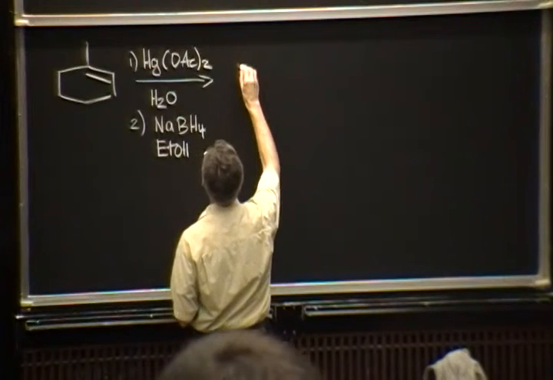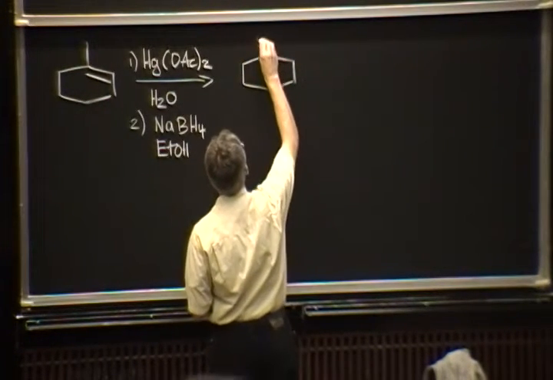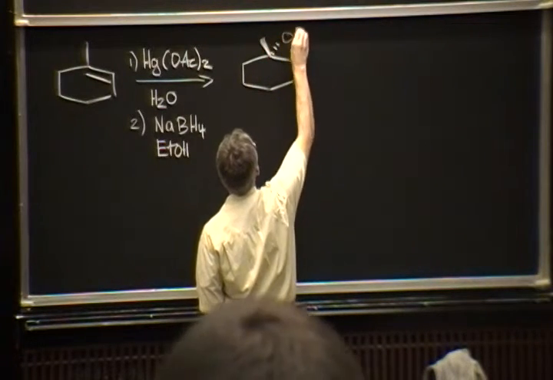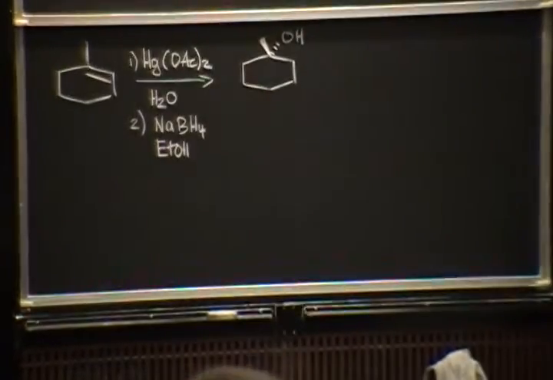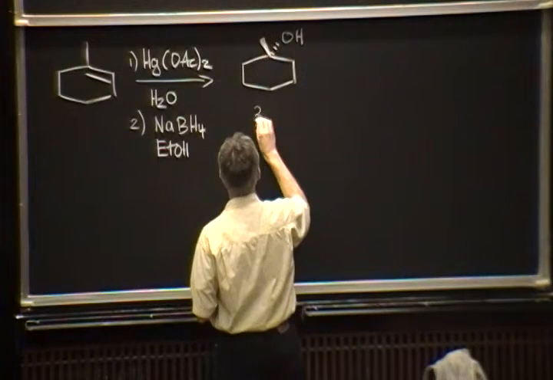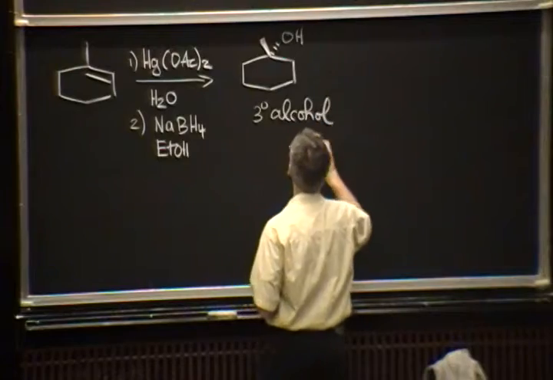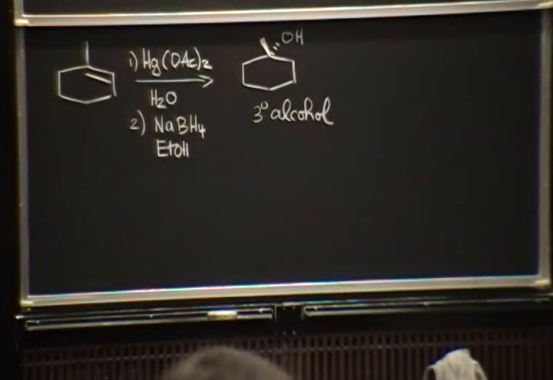And the overall addition is a Markovnikov addition, so we end up with this alcohol, which is a tertiary alcohol in this system. So it's a Markovnikov type hydration in two steps.